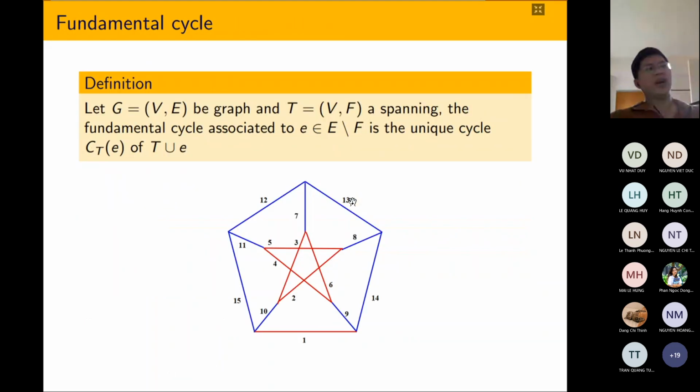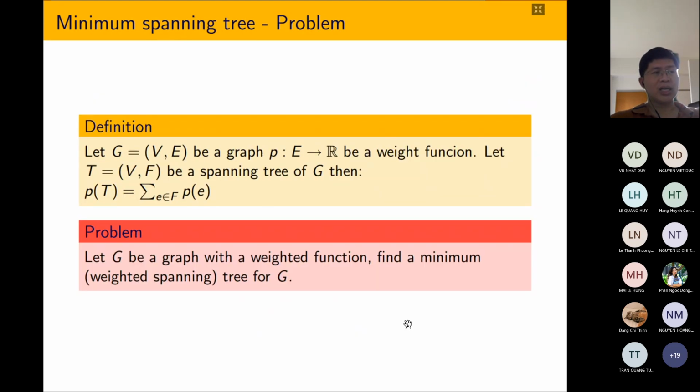And in order to find the minimum spanning tree, there are many algorithms, and today we'll try to show you one of them. Okay, so again, the idea is to find a set of edges that can link all the nodes in the graph together with the minimum weight for the sum of all of the edges. Okay, that is the minimum spanning tree.